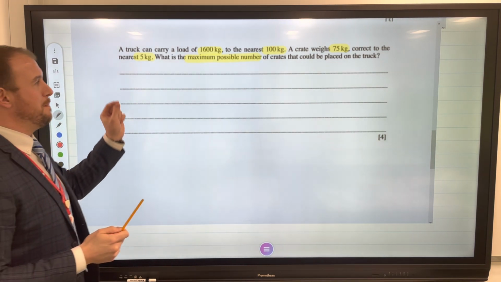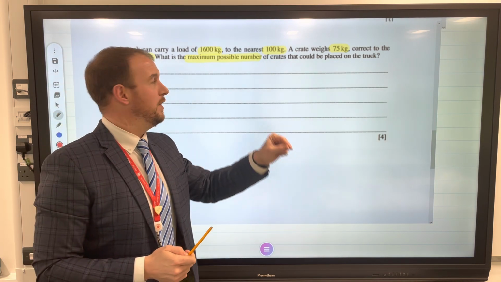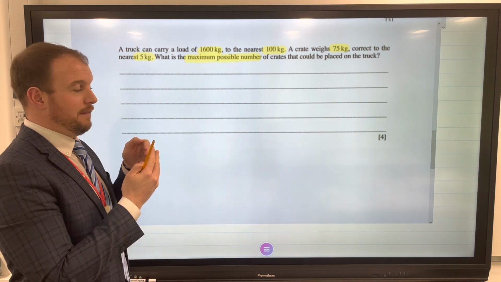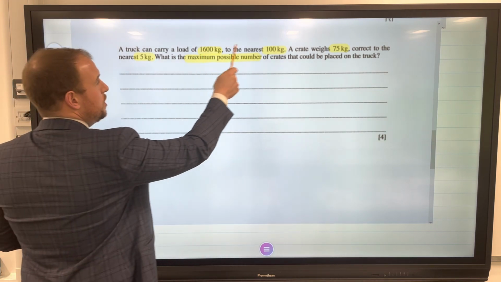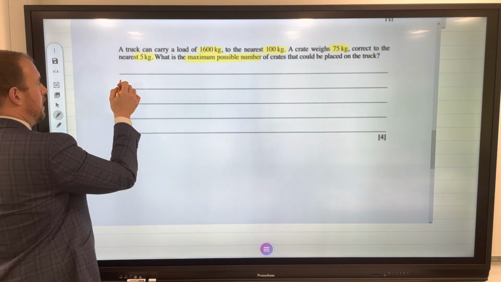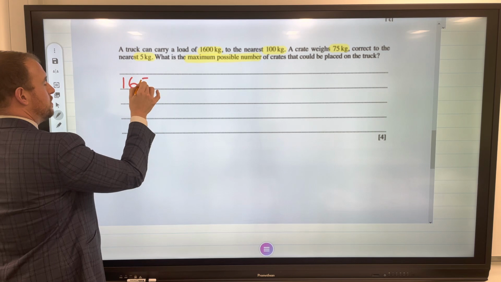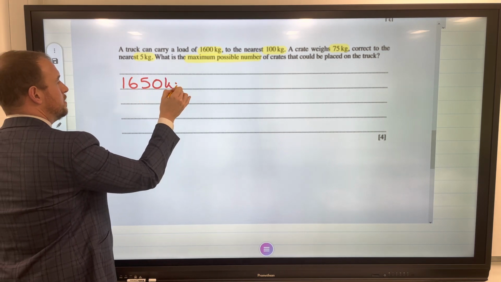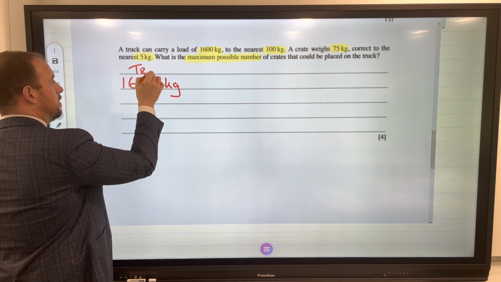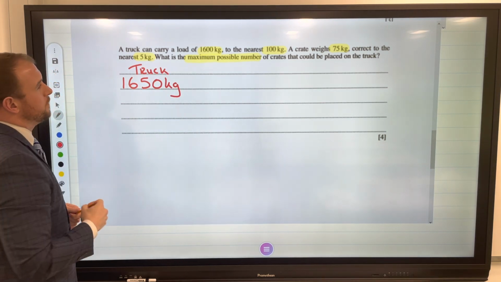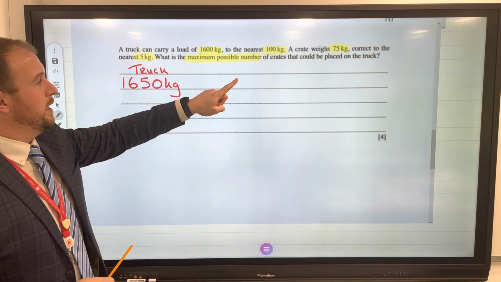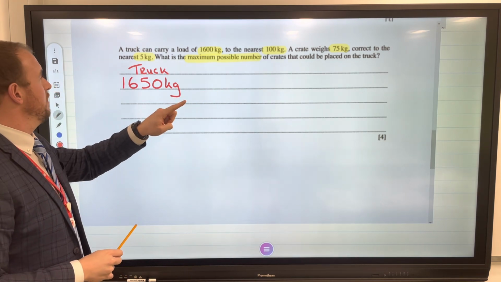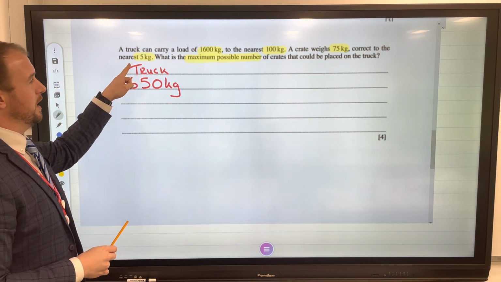If we're trying to get the maximum possible number, then it obviously needs to have a higher carry load. So to the nearest 100, the greatest would be 1,650 kilograms. This is the truck.